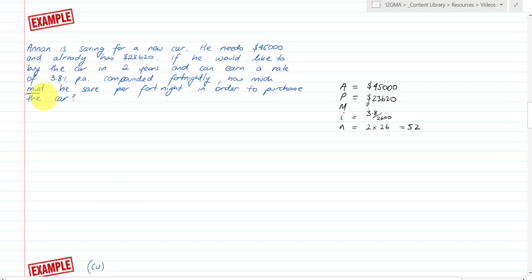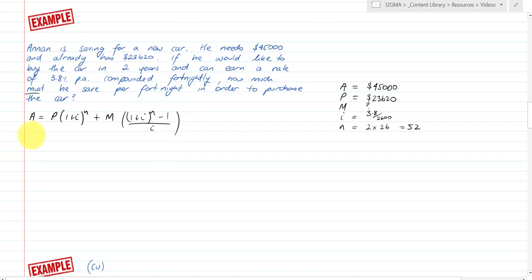That's our regular payments. So we're going to be dealing with the old formula, the big one, which is A equals P(1 + I)^N, although we're depositing, so plus M((1 + I)^N - 1)/I.